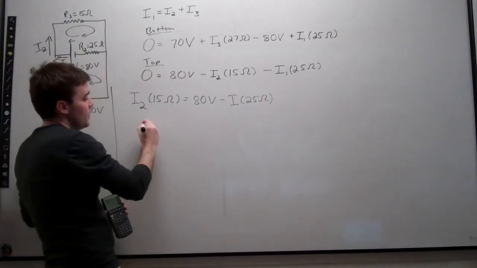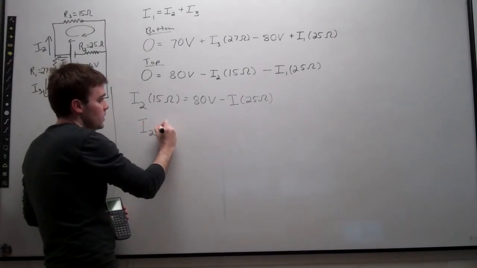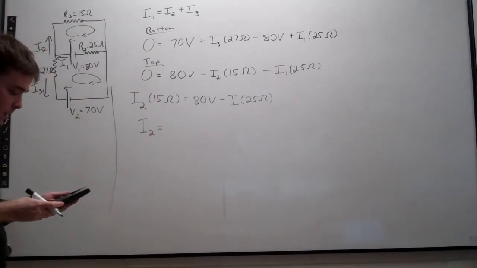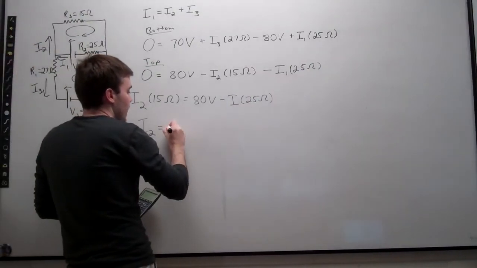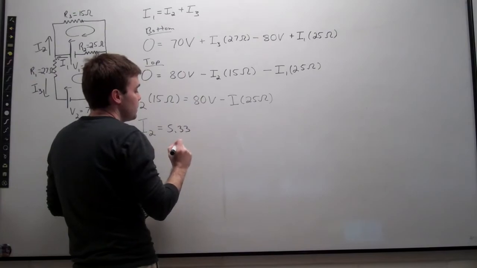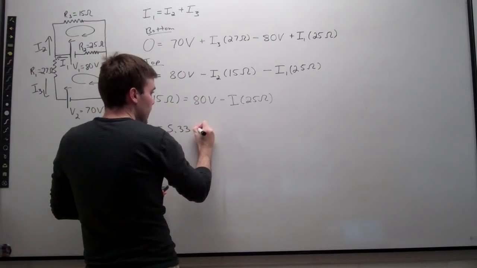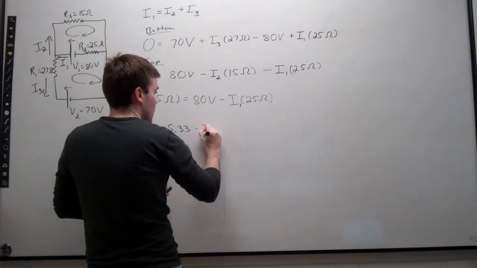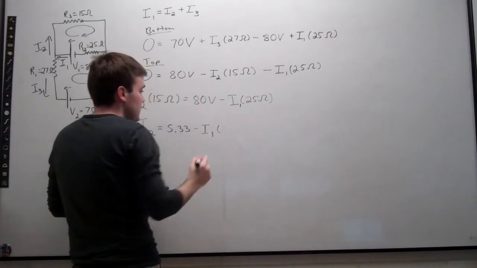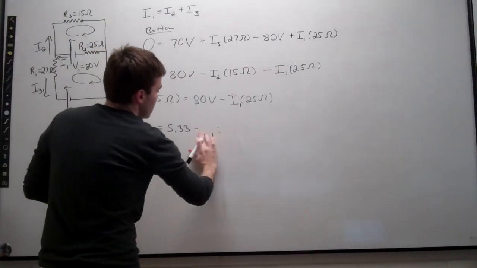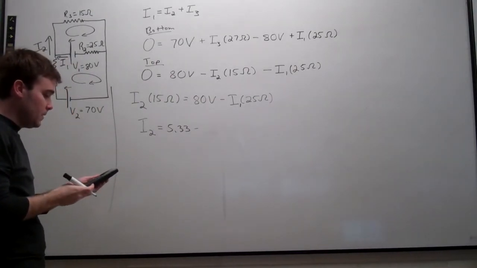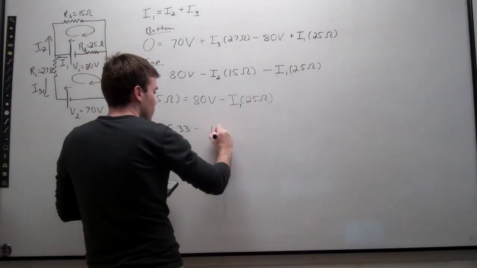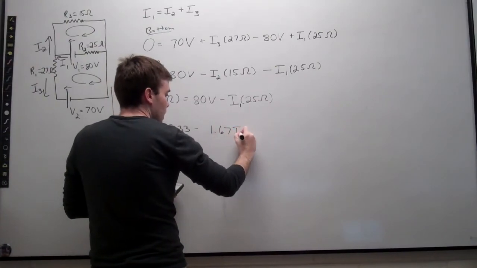So I just divide both sides by 15, so I get I2 equals 80 divided by 15, 5.33, minus I1 times, or actually let's just do this, 25 divided by 15 is 1.67 I1.